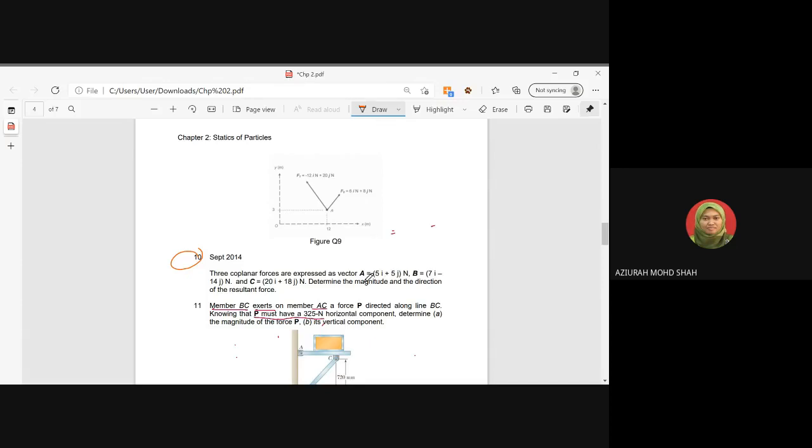Okay. We have 3 vector, 3 vector ataupun 3 forces lah. So nak cari magnitude ni macam mana? Mana nak cari dia? Boleh bagi dalam masa seminit boleh kira ni, seminit. Magnitude and direction.